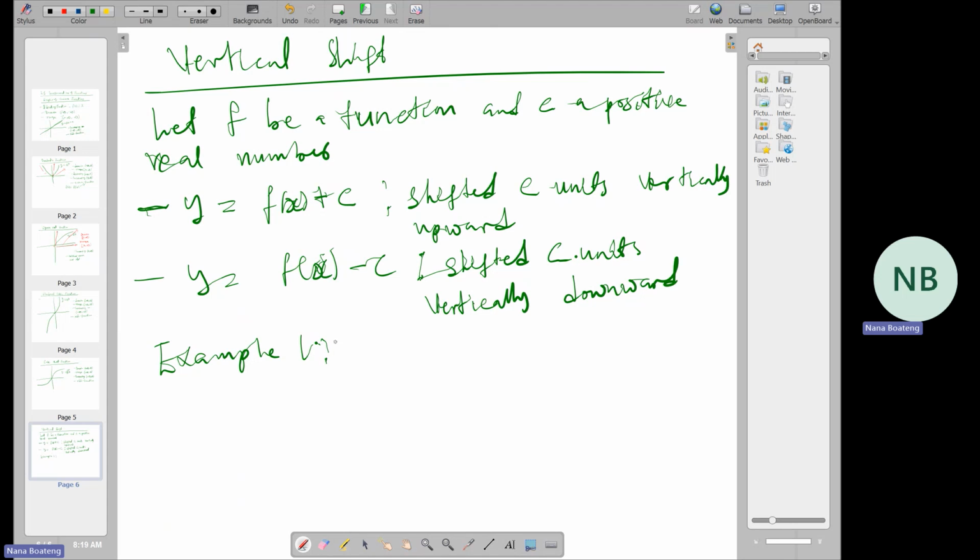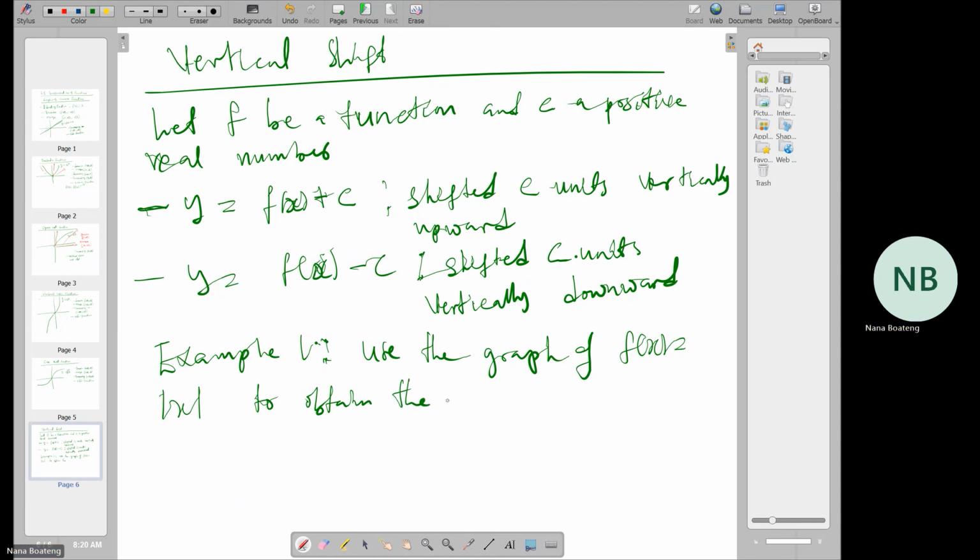It says use the graph of f of x is equal to absolute value of x to obtain the graph g of x is equal to absolute value of x plus 3.